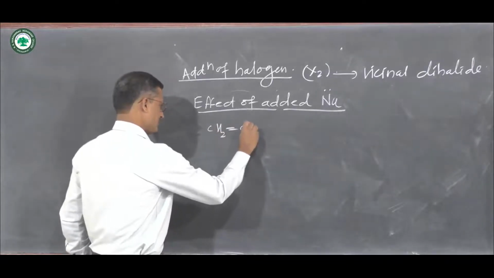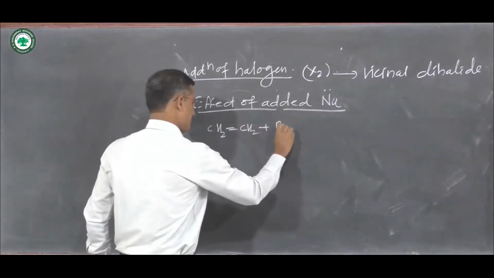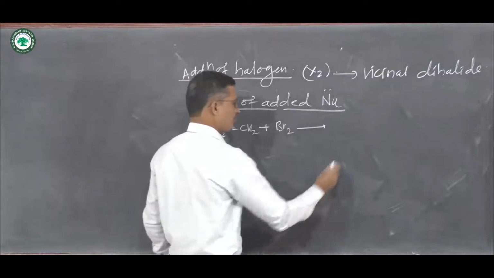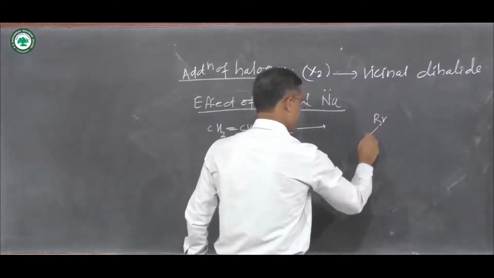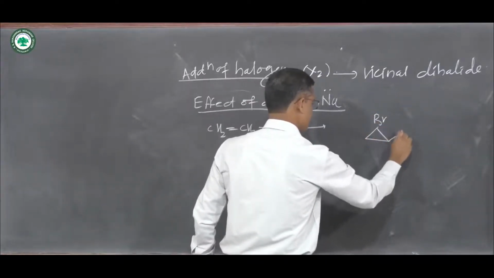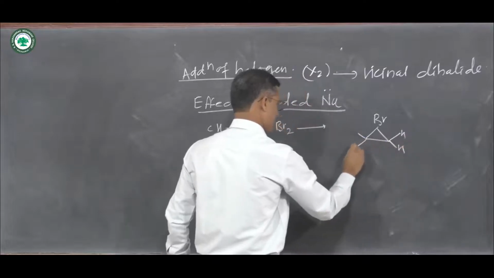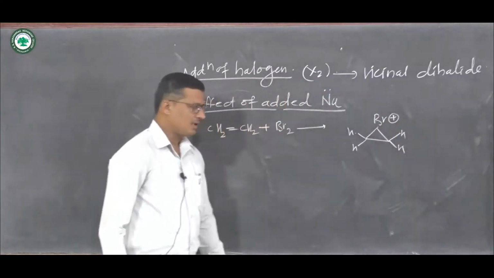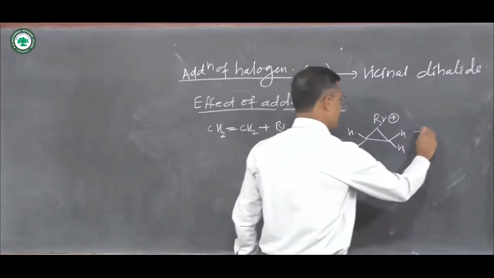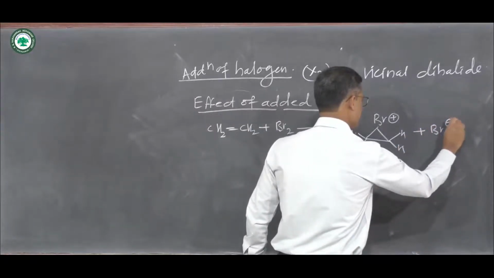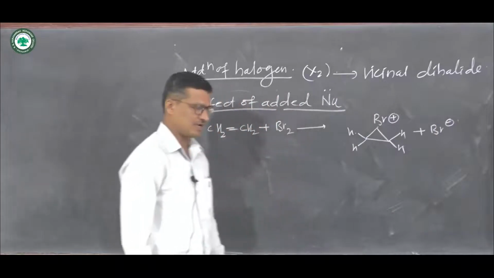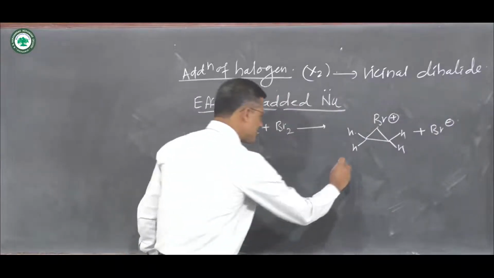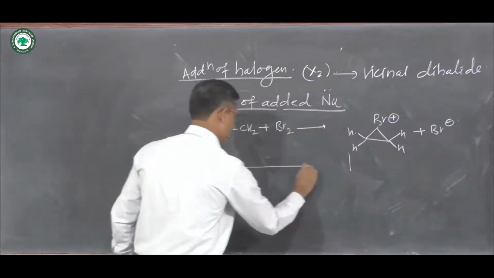Suppose this one here, Br2, formation of the cyclic bromonium ion, this one, and once you have Br minus in your reaction mixture, it acts as a nucleophile, but we add various nucleophiles.